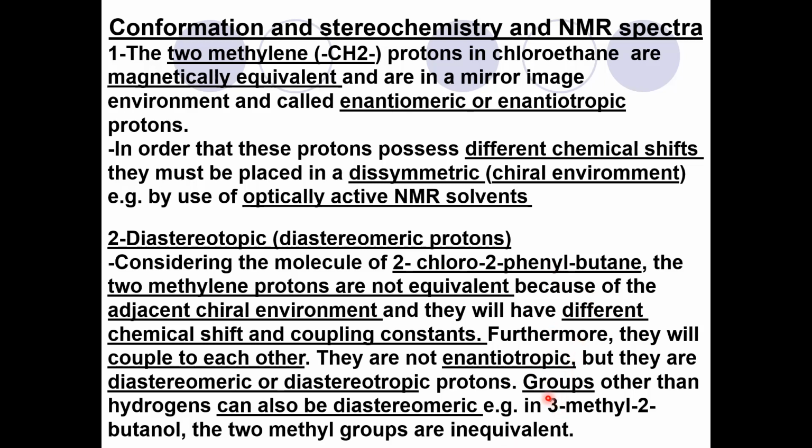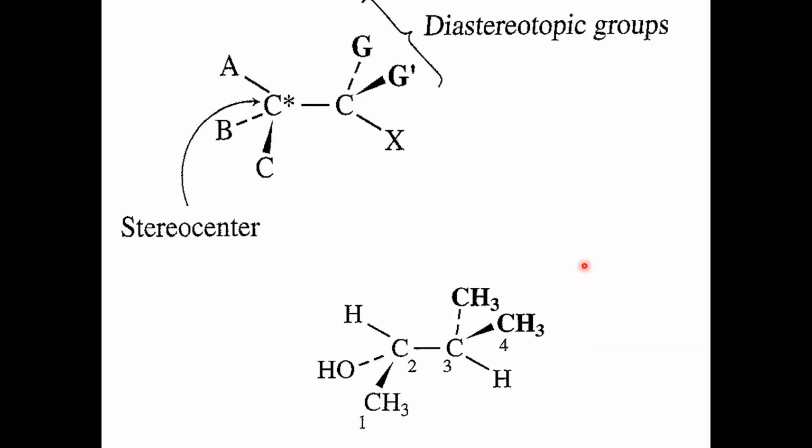Groups also can be inequivalent if they are present on a carbon adjacent to a chiral center. They are in this case also called diastereomeric or diastereotopic groups, like in the case of 3-methyl-2-butanol. 2 methyl groups in this case are also not equivalent. Here is the structure, 3-methyl-2-butanol.